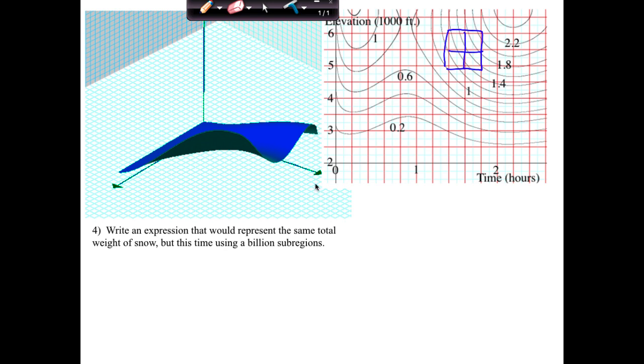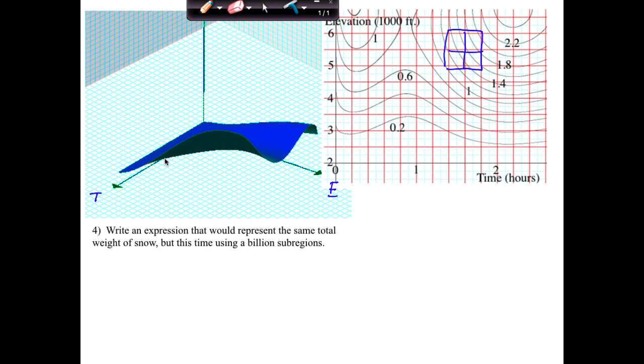Okay, so this is, say, going to be my time in hours. It's my t-axis here. And this is my elevation. So this surface is the rate of change of weight with respect to time and elevation. So it's not the amount of snow.